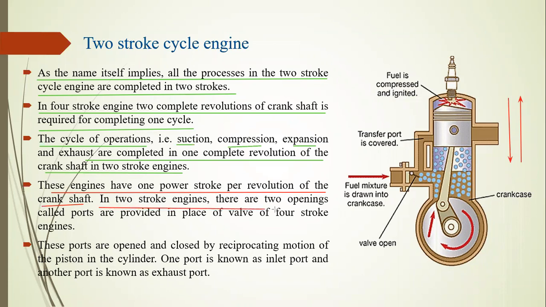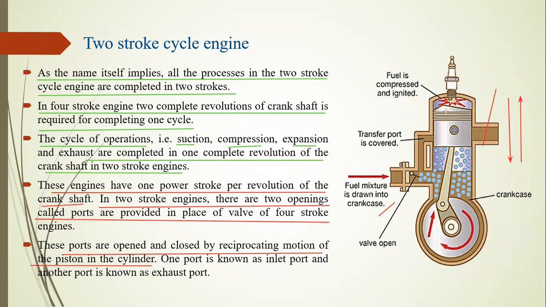In a two-stroke engine, two openings called ports are provided in place of valves: the inlet port and the outlet port. There is an absence of valves. These ports are opened and closed by the reciprocating motion of the piston in the cylinder. No valve arrangement is given, but opening and closing are done by the piston.